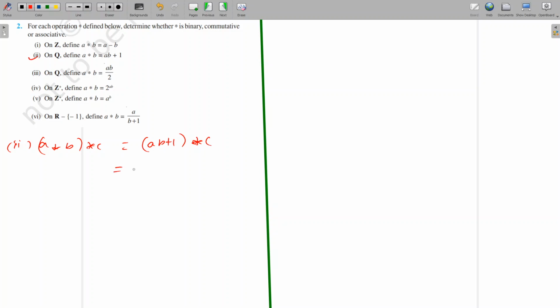We will get (AB plus 1) into C plus 1. So simplifying this will give us ABC plus C plus 1. So let it be third one.